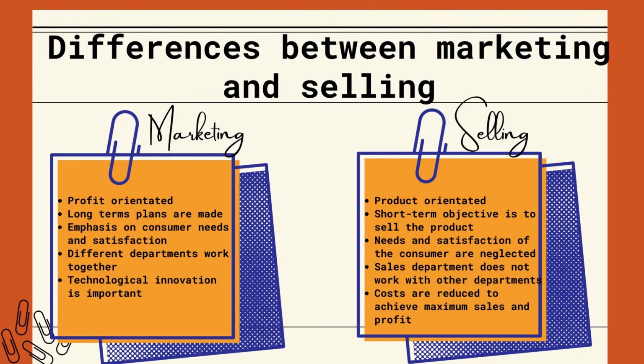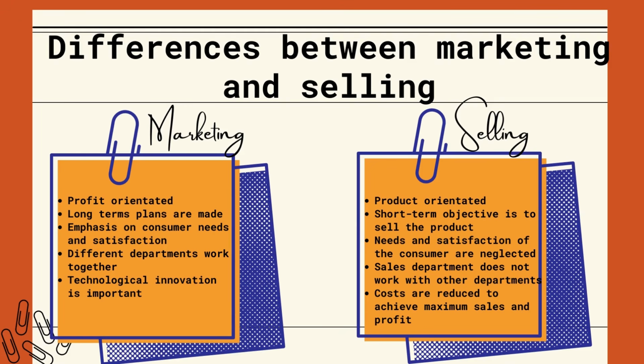So let's look into the differences between marketing and selling. We have already defined marketing. Now let's look into selling. When we're talking about selling, this means to give something in exchange for money. That's all it means.